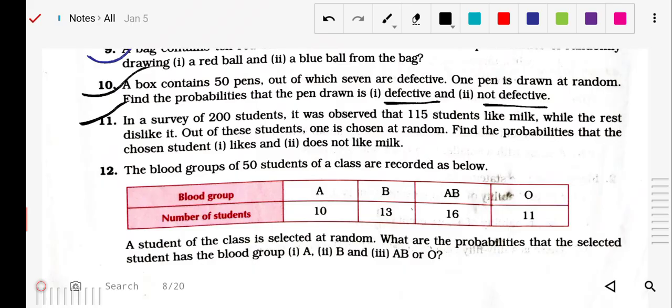So very simple. Total 200 students are there. Out of that, 115 are liking, they like the milk. Don't like means dislikes. So 200 minus 115, which is 85. So 85 will be disliking.